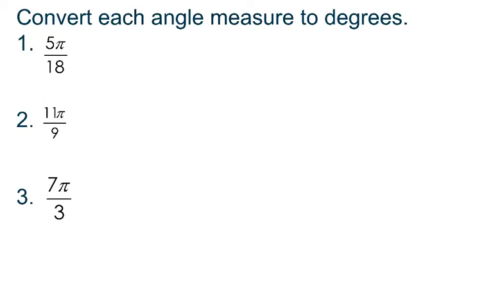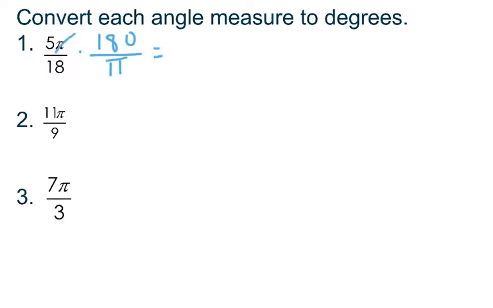Alright, and now we're going to convert from radians to degrees. So, just so you understand, I know that these are in radian mode because they have the pi symbol in there. So, just make sure that anytime you see the pi symbol, you should automatically know it's in radian mode. And I think these are actually easier. So, you're going to times these by 180 over pi.